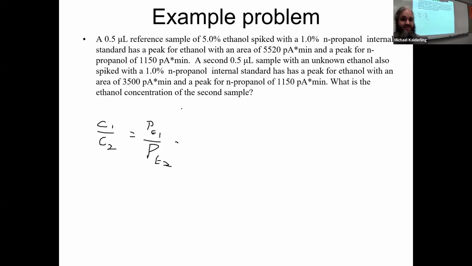And then there's a correction you put in for the propanol peaks.